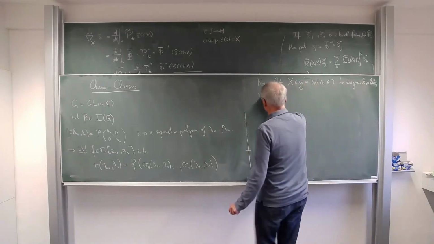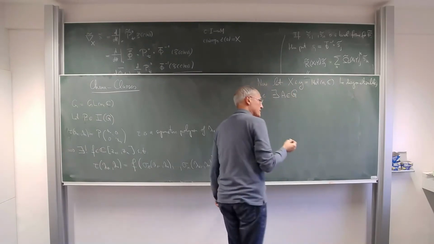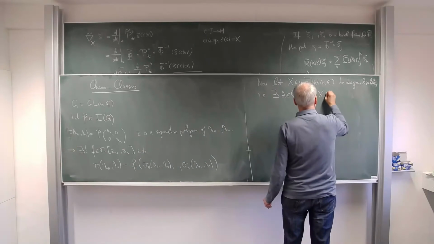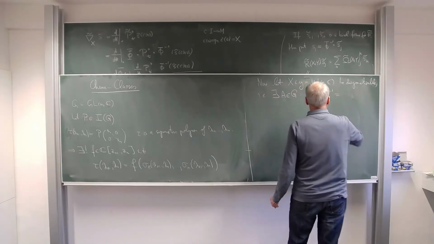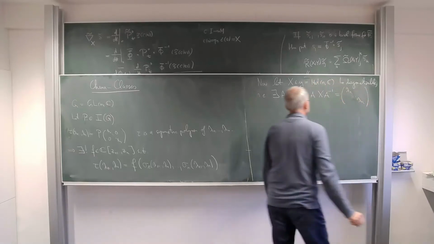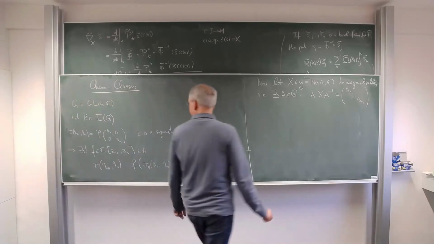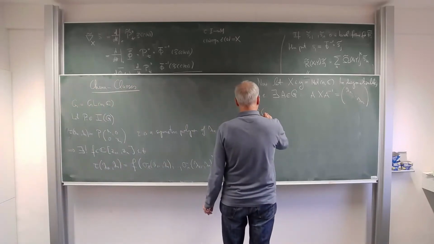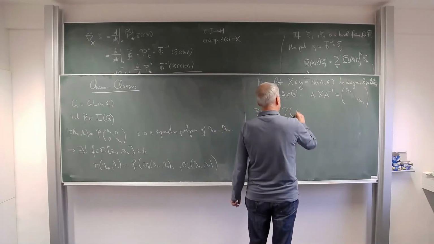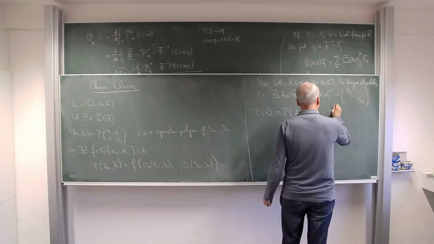And this means simply that there exists an invertible A, an element of G, such that if I conjugate X with A, then I get a diagonal matrix, where the lambdas are the eigenvalues of X. And then, if I compute P of X by invariance, this is the same thing as P of A X A to the minus 1, which is P of this diagonal matrix.